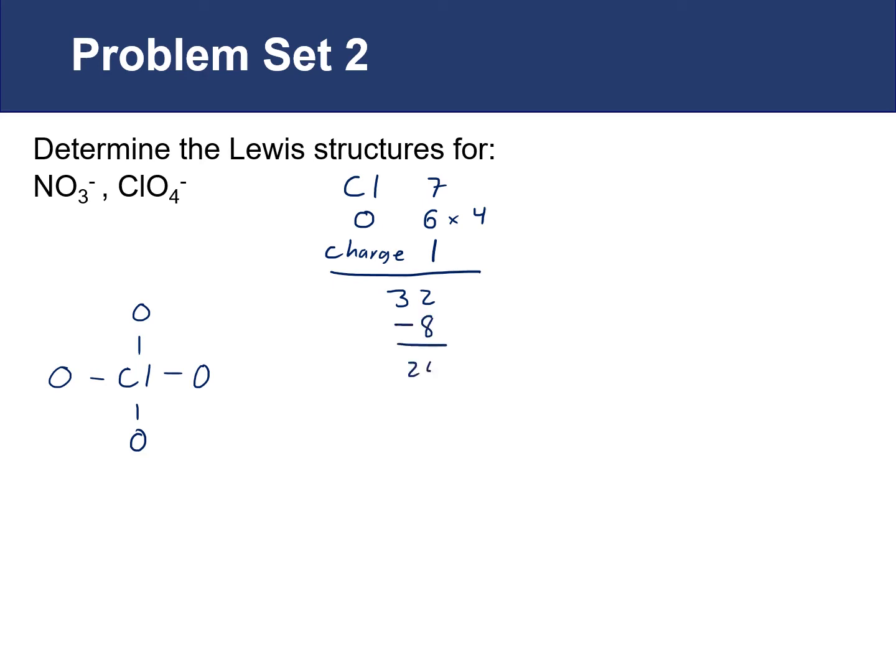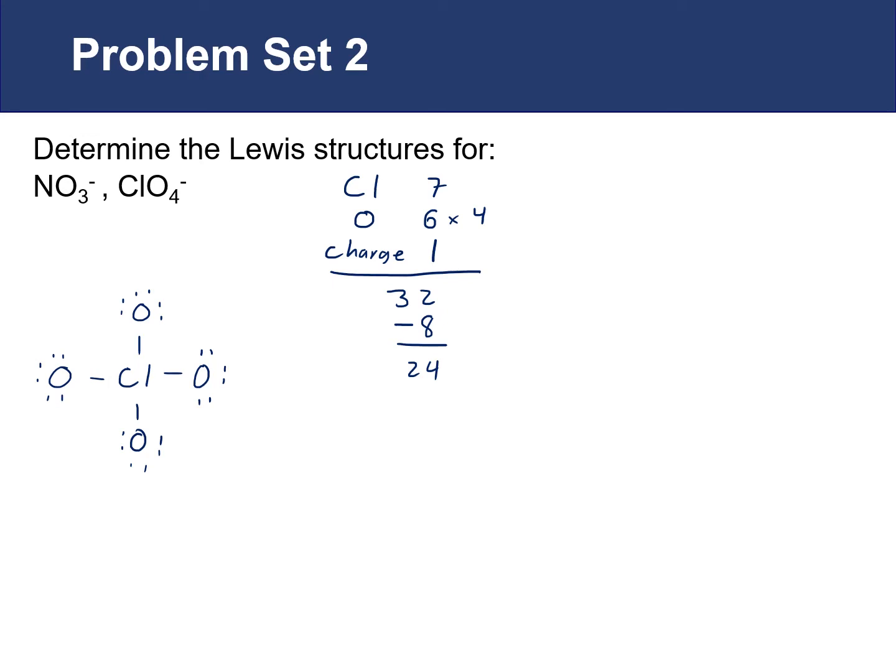So we have a total of 24 left. We will put our electrons around our oxygen: 1, 2, 3, 4, 5, 6, 7, 8, 9, 10, 11, 12, 13, 14, 15, 16, 17, 18, 19, 20, 21, 22, 23, 24. So looking at the structure, each one of our atoms has a filled octet.